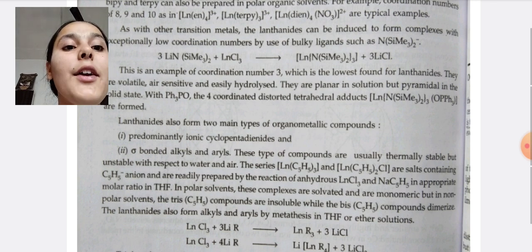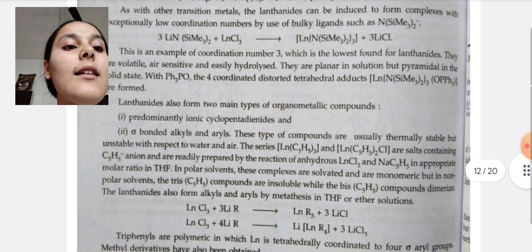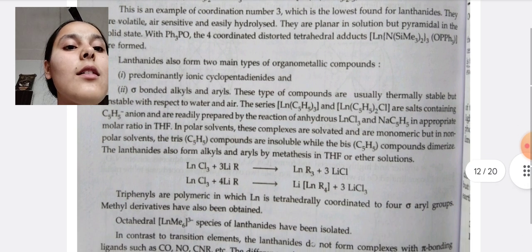In polar solvents, these complexes are solvated and monomeric, but in non-polar solvents, the tris C5H5 compounds are insoluble, while the bis C5H5 compounds dimerize.